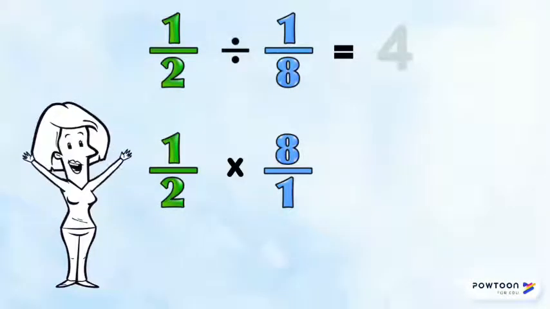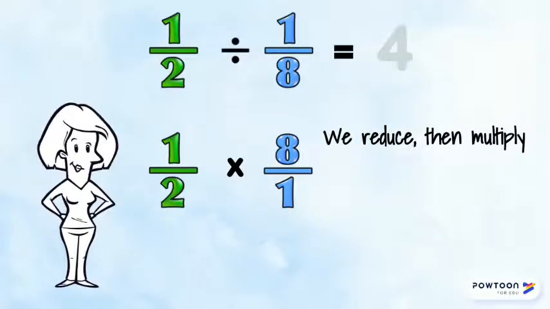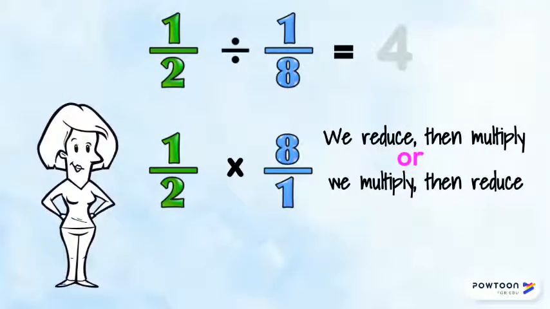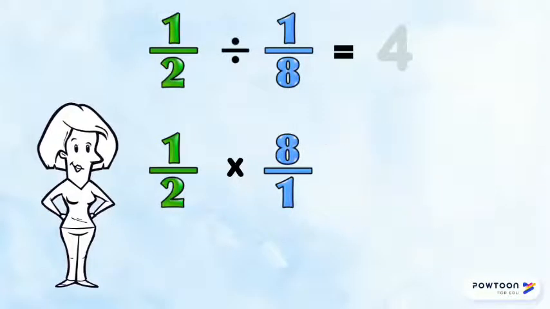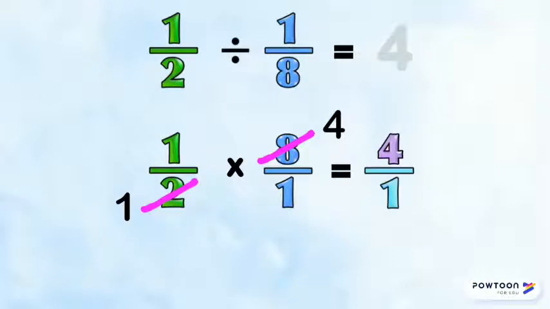And you know how to multiply fractions. We reduce, then multiply, or we multiply, then reduce. Either way, you get the same result. I prefer to reduce first, so I divide by 2 because these are both even. And that gives us 1 here and 4 here. Now we multiply out, and that's 4 over 1.